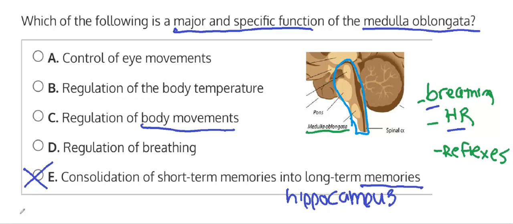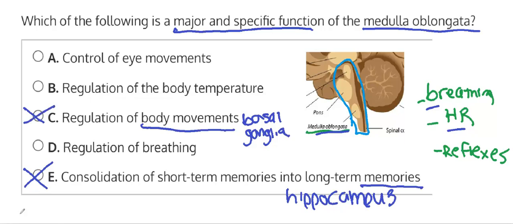Body movements would be a little bit more complex than what the brainstem functions entail. In fact, this would be involved in the basal ganglia part of the brain, not within the brainstem, and definitely not specifically the medulla oblongata, which is the part of the brainstem we are focusing in on. Therefore we could eliminate option C as well.